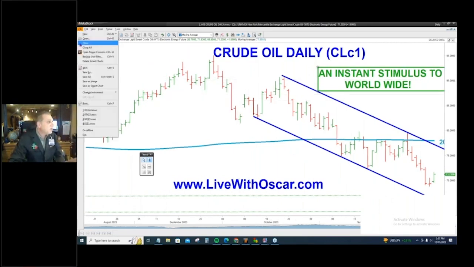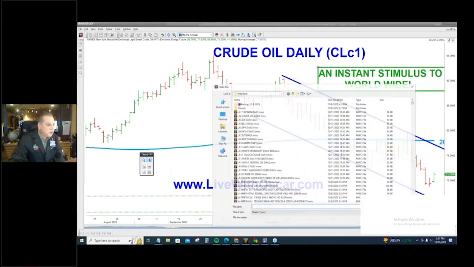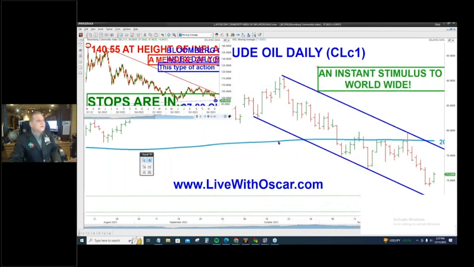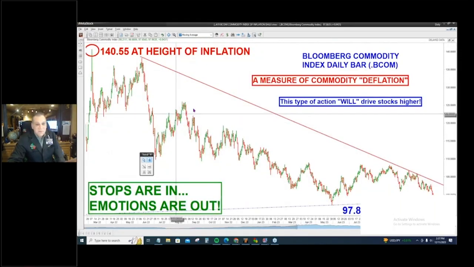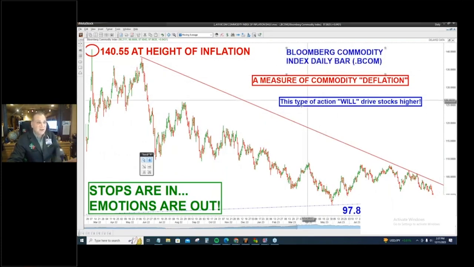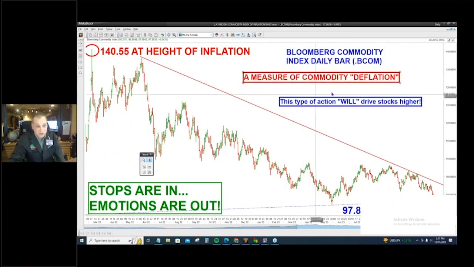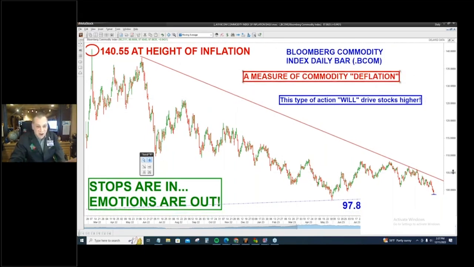One of the things that will illustrate that absolutely is this. What makes inflation? Well, commodity price index is one of them, right? Here's the Bloomberg Commodity Price Index. This is a measure of inflation and, in this case, deflation. This type of action will drive the stocks higher.